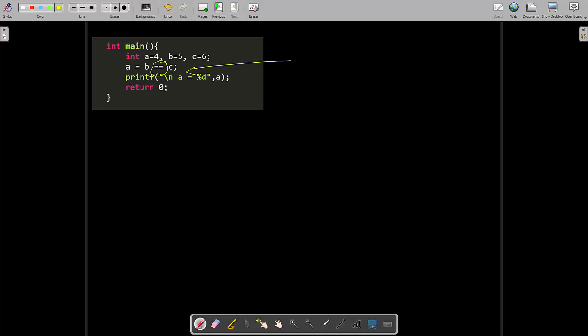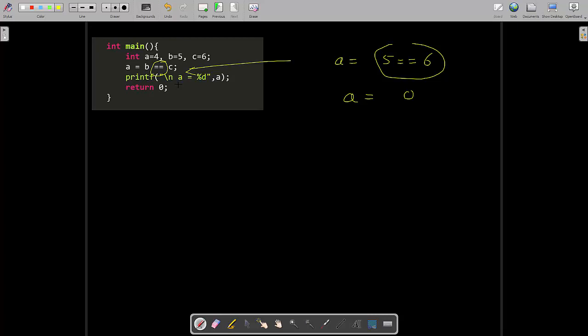Now the value of b is 5, the value of c is 6, so 5 is not equal to 6, so this is going to result in false, that means it is going to be 0. So a is equal to 0, so the value of a will now be 0 after this expression.